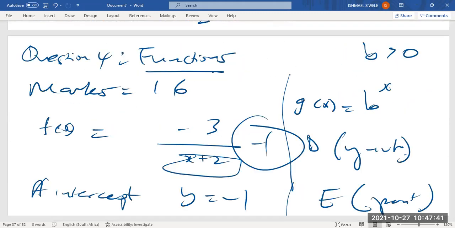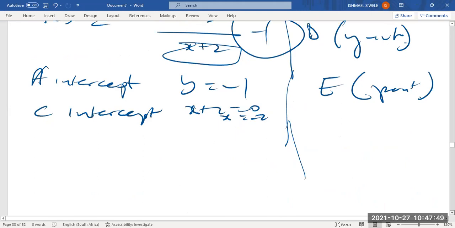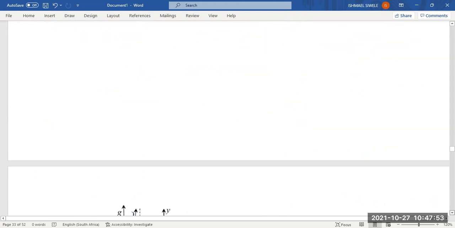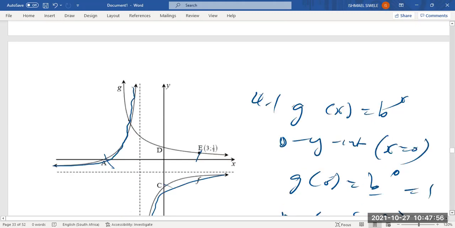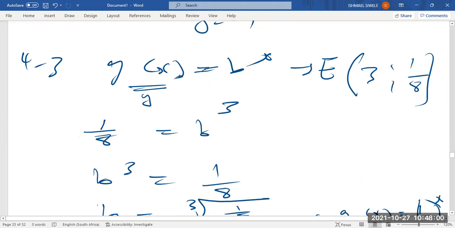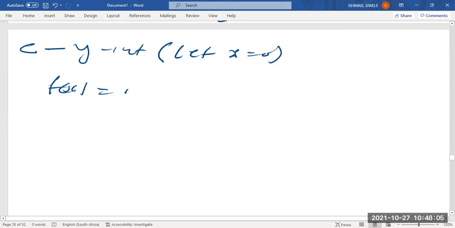So f of x is negative 3 over x plus 2, minus 1. Negative 3 over x plus 2 minus 1. That's what we need to find the intercepts.